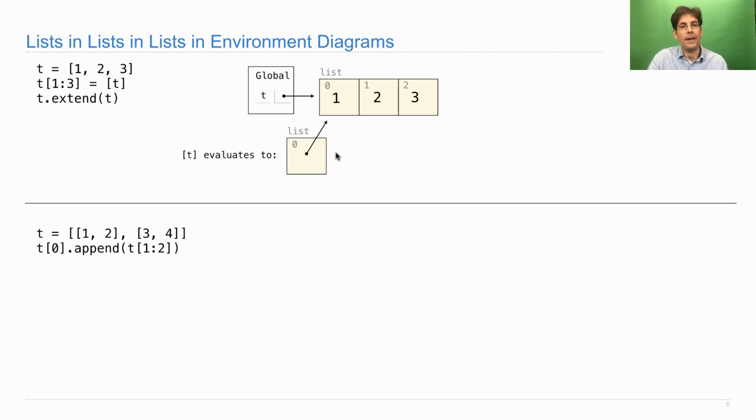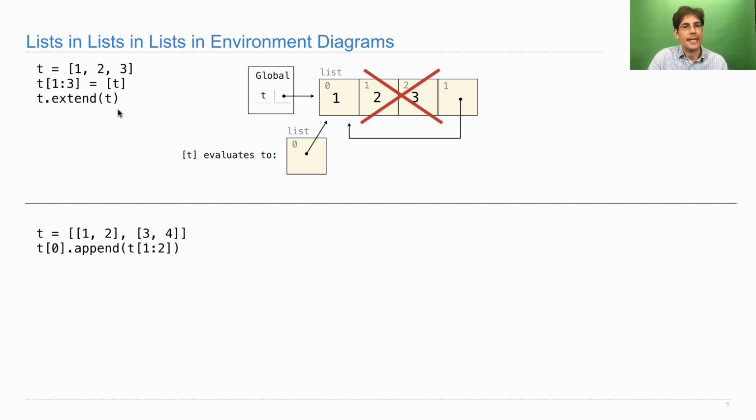And list(T) evaluates to a new list containing the contents of T. Slice assignment will replace this slice, the elements at index 1 through 3, with the contents of this list. The contents of this list is T. Notice that since we've removed index 1 and 2, the index of this is 1.